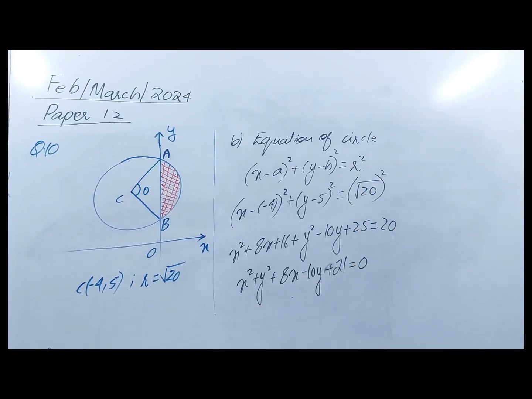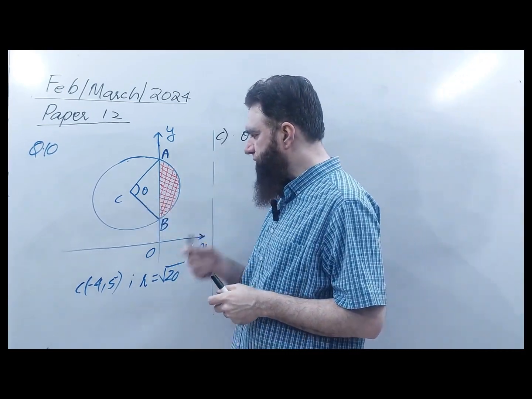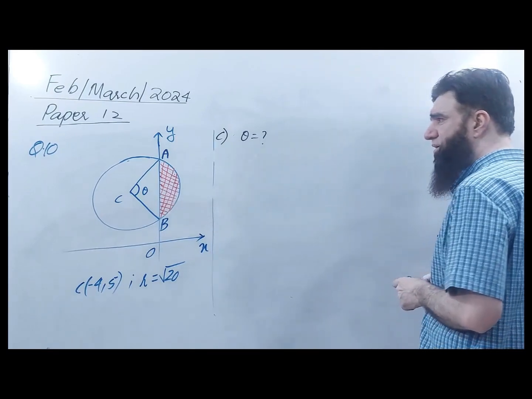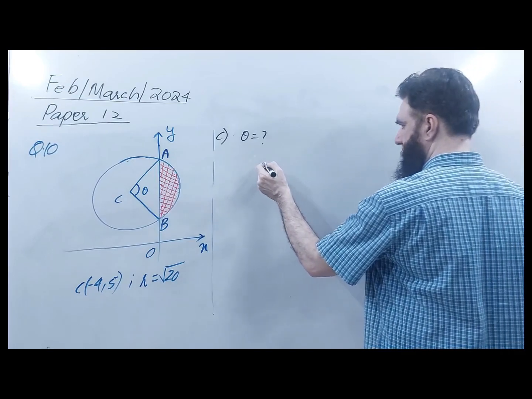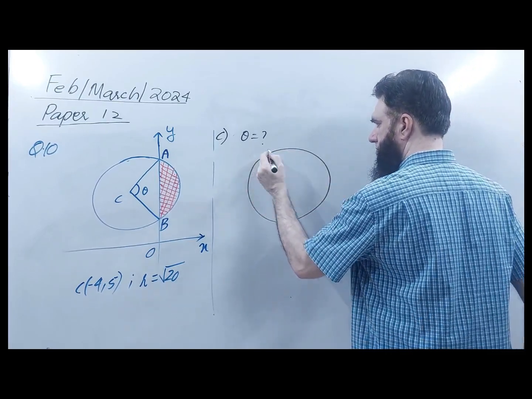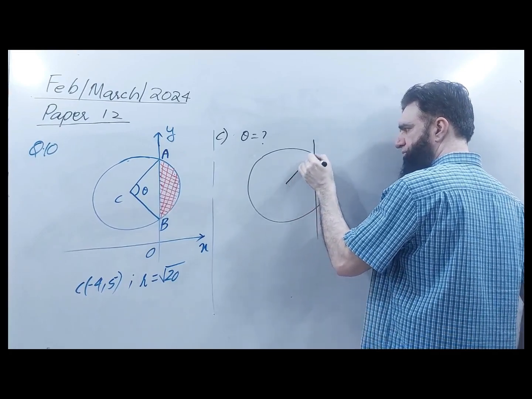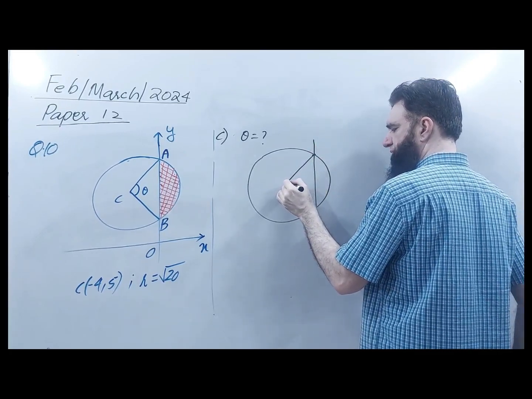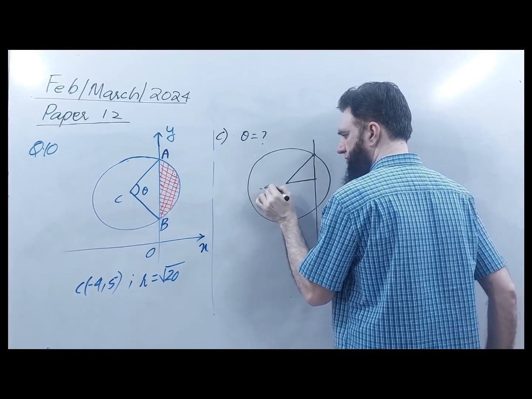Let's move to the C part of this question. So in part C, you are asked to find this theta. And now, how can we find theta? Look, if I draw this circle again, this is the y-axis. If I can find the coordinate of this point, I can find this distance and this distance because I have these coordinates.